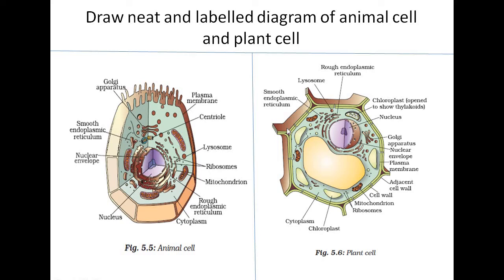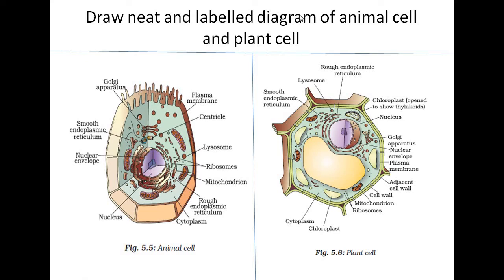If there is any injury, casualty, or any danger, the plant cannot move from its place. So it should protect itself by a tough covering. That is why this cell wall is given in the plant cell. In each plant cell there is a cell wall. Because of this cell wall, it saves itself from injuries.